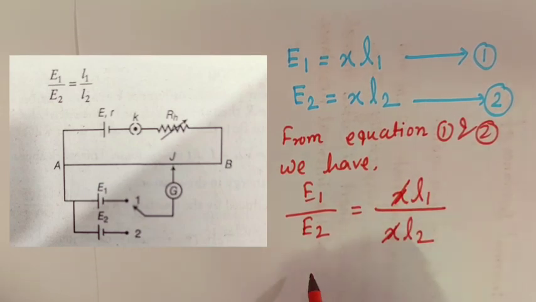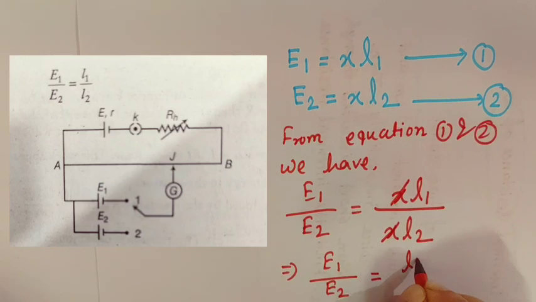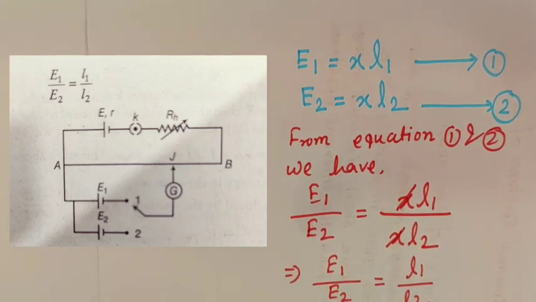So X cancels out, so E1 by E2 is equal to L1 by L2.